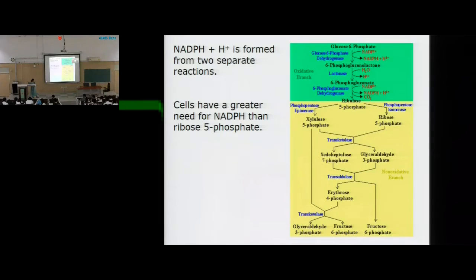But the end product here will be, if you just look at the end products, fructose 6-phosphate, 2 molecules, and glyceraldehyde 3-phosphate. So how many molecules of ribulose will be required for that? How many molecules? So 3 molecules of glucose will enter the cycle, 2 of them will be converted to fructose, and 1 to glyceraldehyde 3-phosphate. So this is how it is the overall reaction.